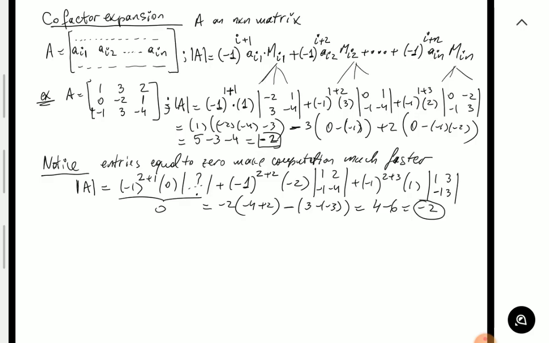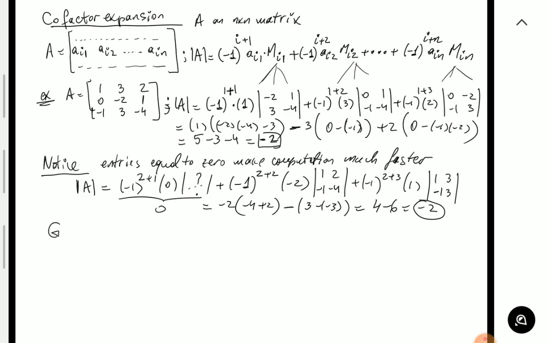Okay, that is still not good enough, believe it or not, because maybe I'm not lucky enough to have zeros in the matrix. But even if you have 1 or 2 zeros, if it's a larger matrix, it might still take quite a lot of time to compute the determinant via this cofactor expansion.